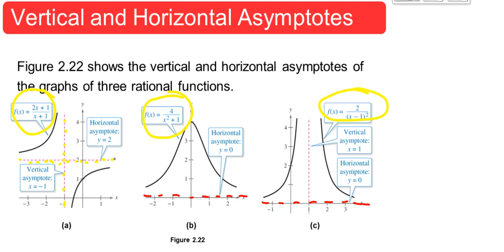And these asymptotes I have drawn in red because you can't see them. This one has no vertical asymptote, but it has a horizontal asymptote at y equals 0. And then this one has a vertical asymptote at x equals 1.